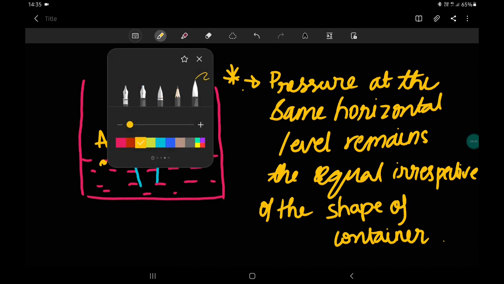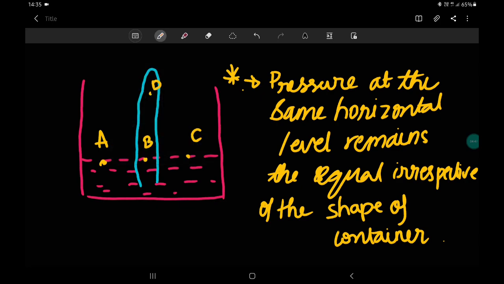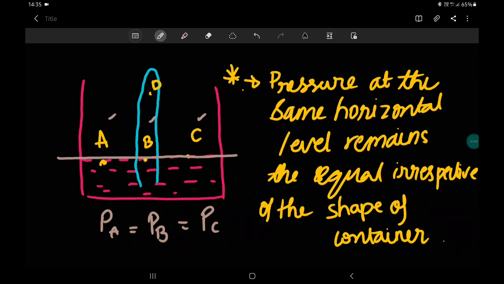For example, if I ask you what is the pressure at A, at B, and at C, all three are equal. Pressure at A must be equal to pressure at B, must be equal to pressure at C. Why is it so? Because according to the principle in barometer, the pressure at the same horizontal level will remain the same. They are at the same horizontal level, hence the pressure is the same.